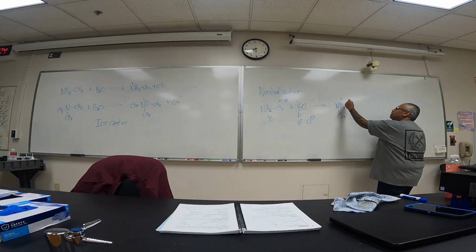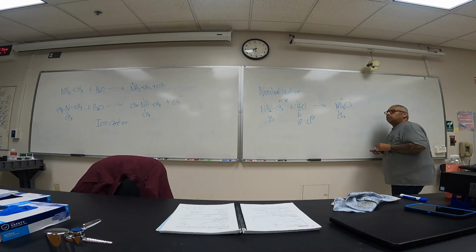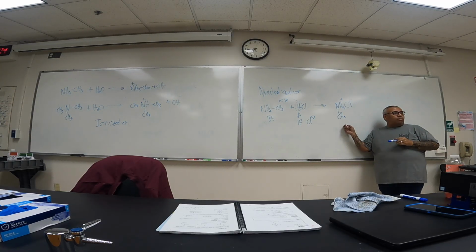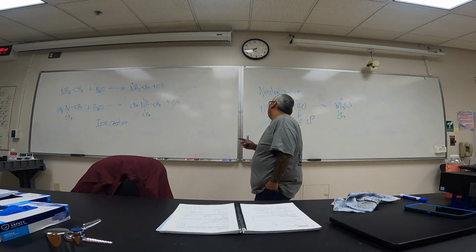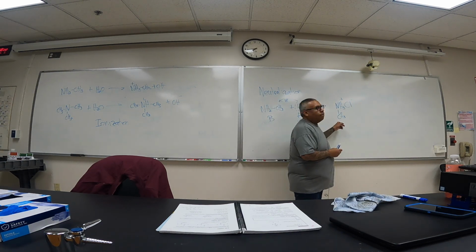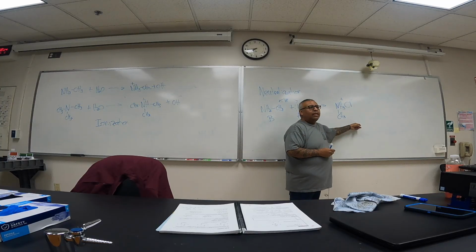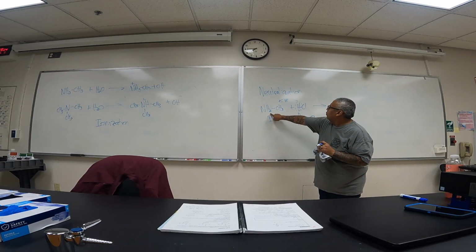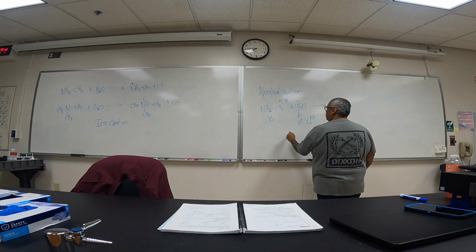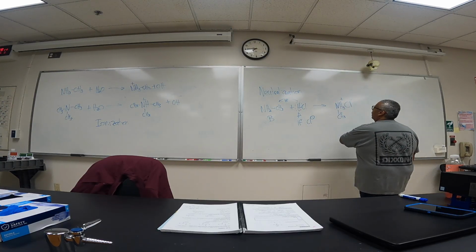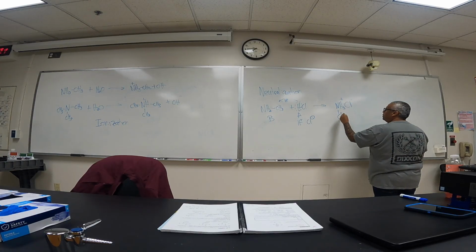So what happens, it just scoots up right next to it. So we only get one product here, methylamine. We name the cation, then we name the anion. So here we have methylamine, but when we go from methylamine to this positive charge here, this becomes ammonium.